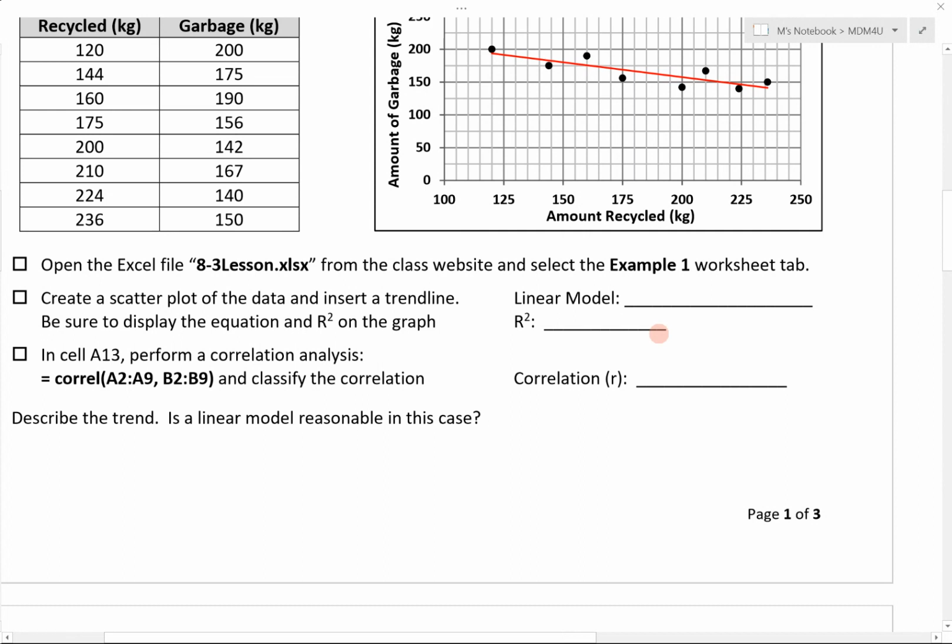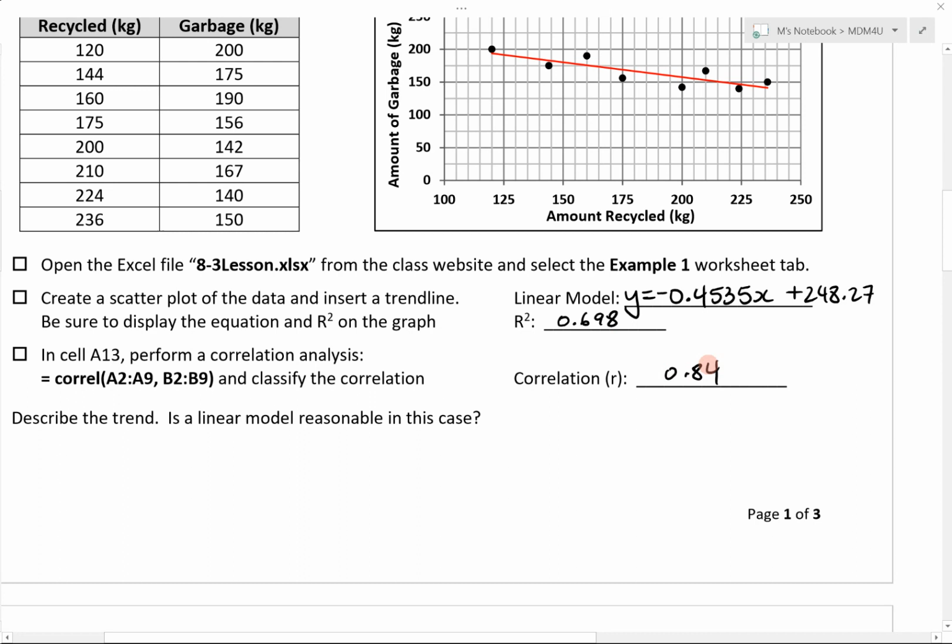After you've done this on Excel, you should have a linear model that resembles this: y equals negative 0.4535x plus 248.27. Your r squared value would be 0.698, and if you took the square root of that, you would get 0.84.